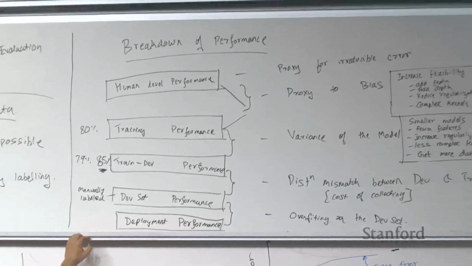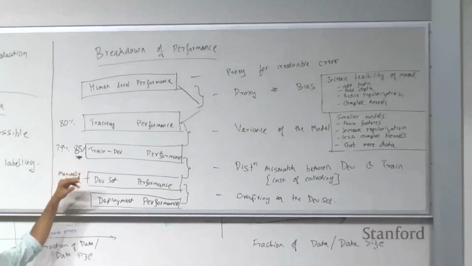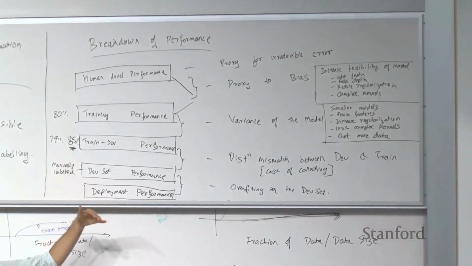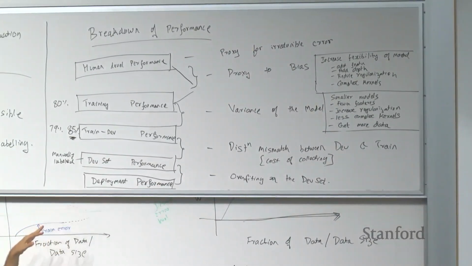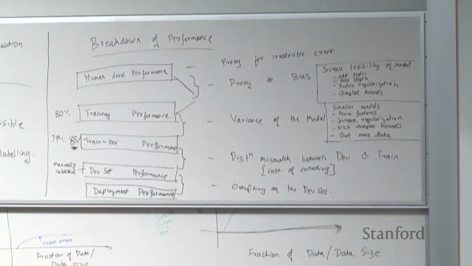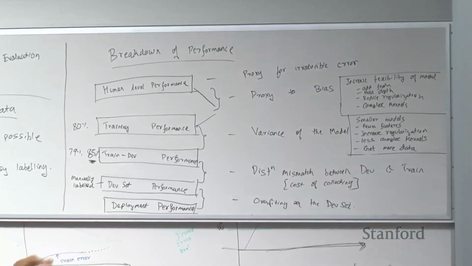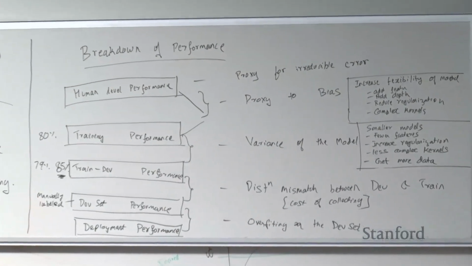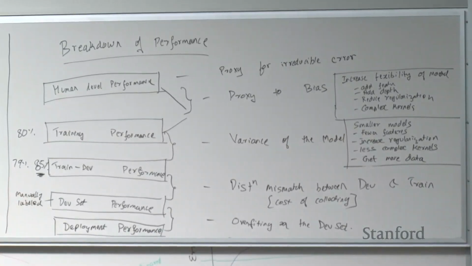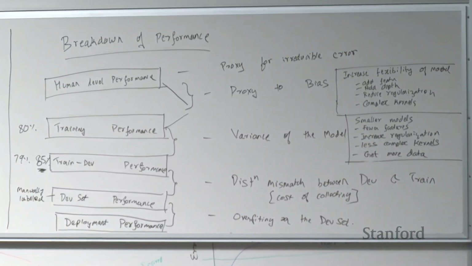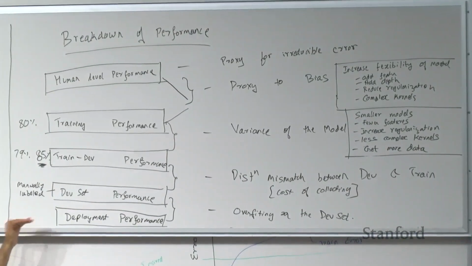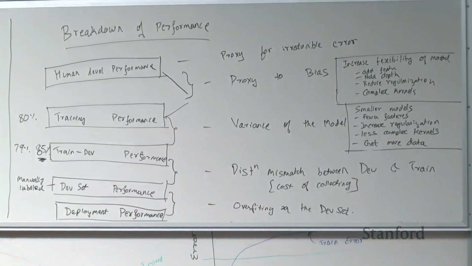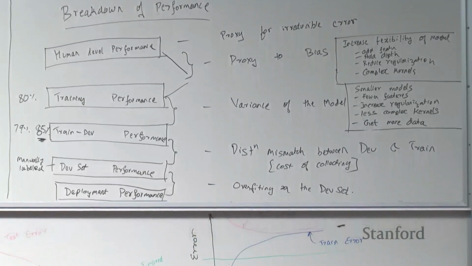All the other measurements that we do are only to aid us in taking the right actions so that the deployment performance improves, right? It's very common to lose track and just focus on, say, dev set performance, or just focus on the train dev performance, but you should never lose track of the fact that your end goal is always the deployment performance.